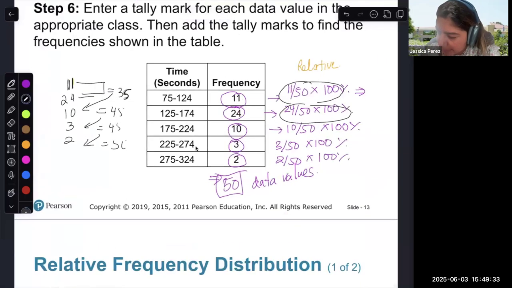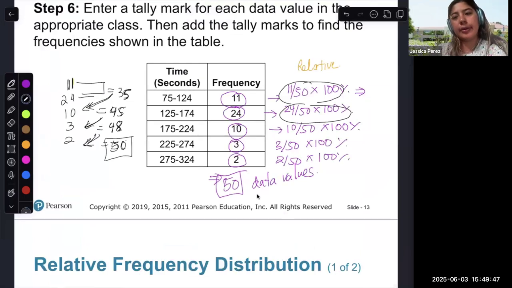So first we have 35 because 11 plus 24, then I add 10, I get 45. I add 3, I get 48. I add 2, and I get 50, which is my total number of frequencies when I add them.